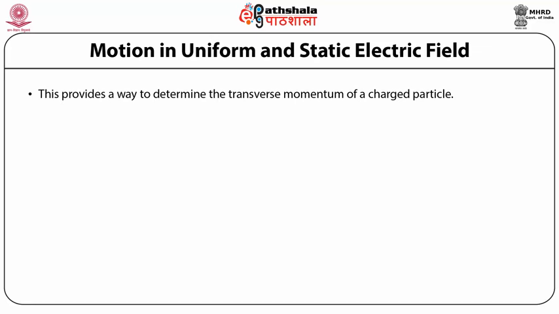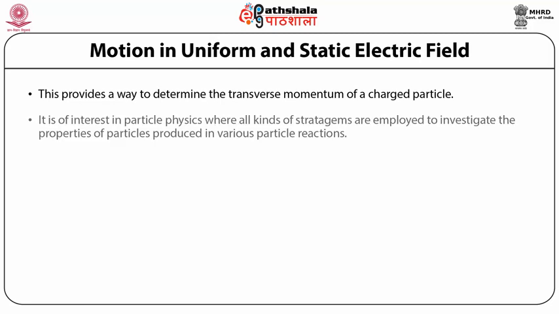This provides a way to determine the transverse momentum of a charged particle and is of considerable interest in particle physics, where all kinds of stratagems are employed to investigate the properties of particles produced in various particle reactions.